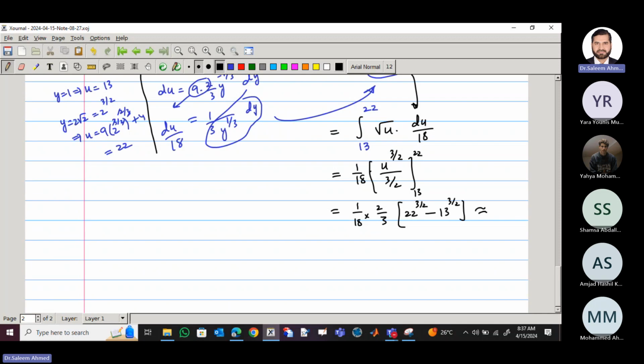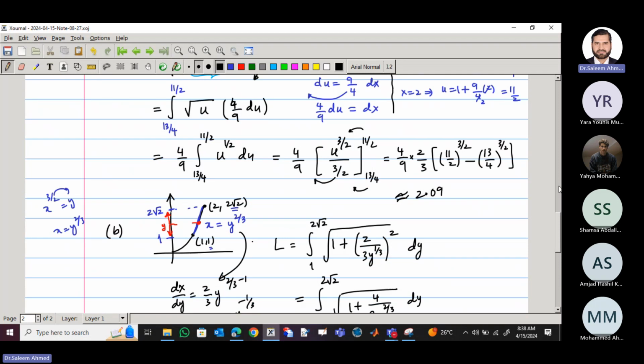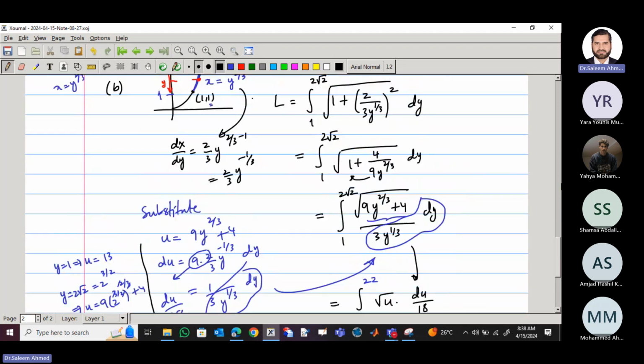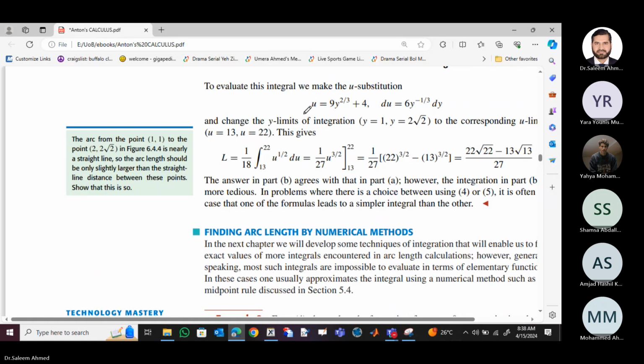And this should also give you exactly 2.09, because we are getting the same arc length. It is the same function, same arc length. We are just using different formulas. A different formula should not give me a different answer. The answer should remain the same.